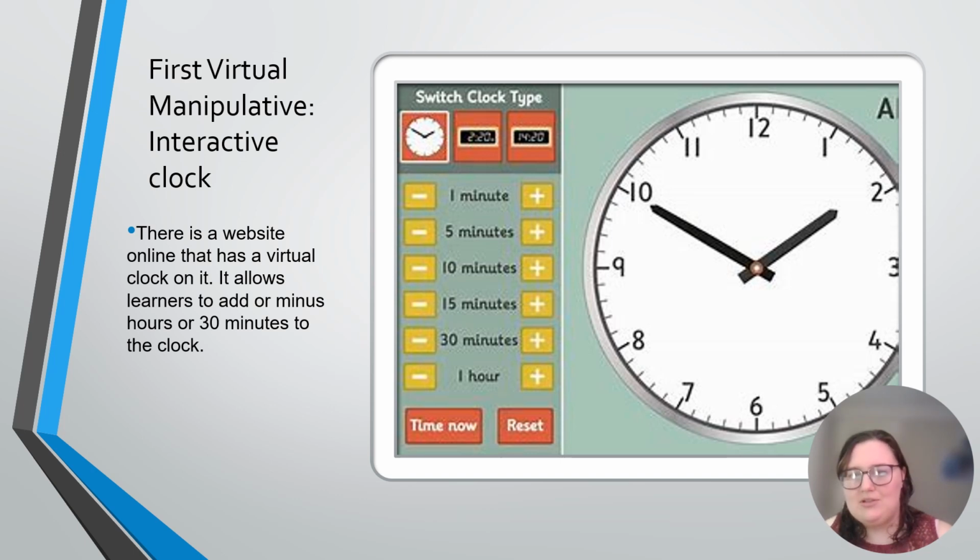It allows learners to add or minus 1 minute, 5 minutes, 10 minutes, 15 minutes, 30 minutes, and 1 hour. This virtual manipulative can allow learners to use this at home to learn the time too. It can help them recap on the lesson they learned at school at home.